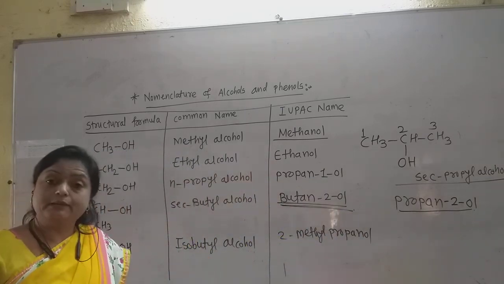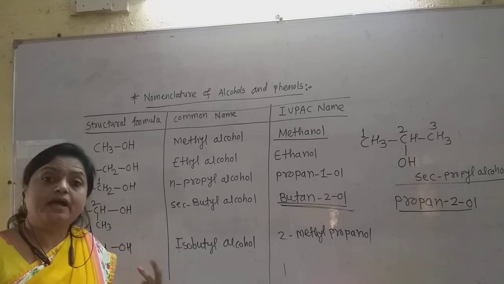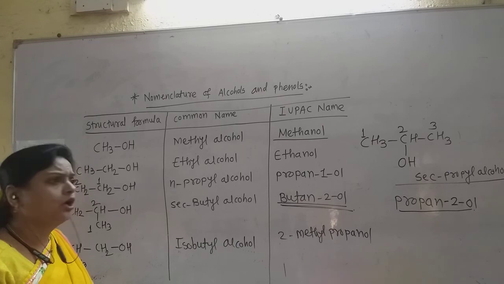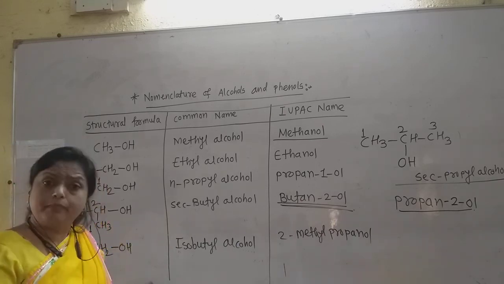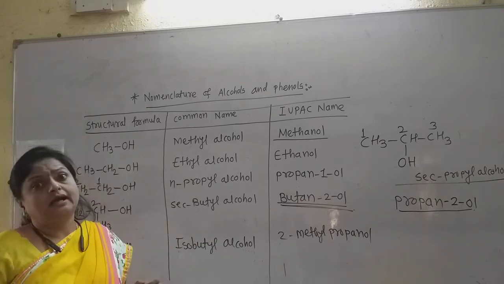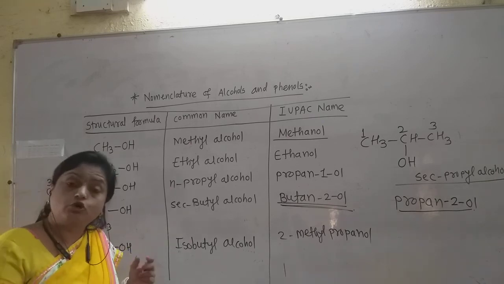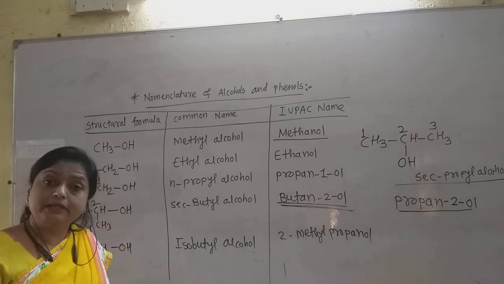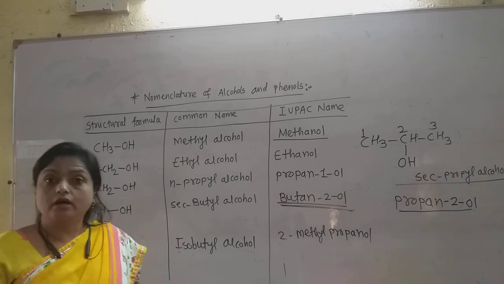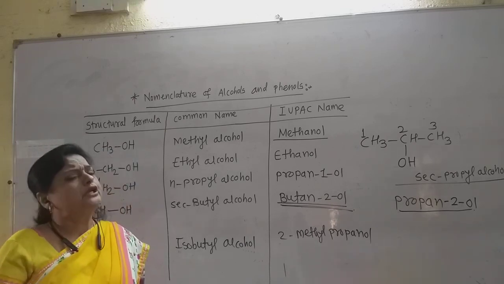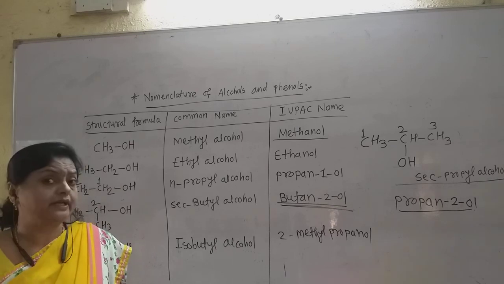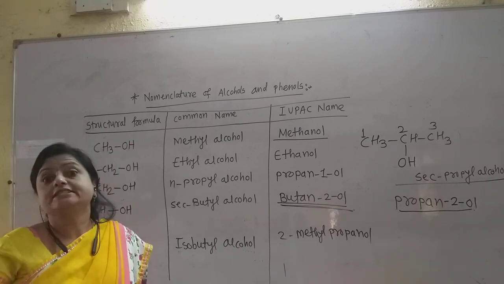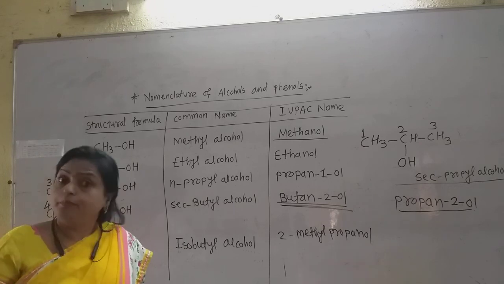Now IUPAC names are very important. They may be asked in the JEE entrance exam MCQs or in the board theory exam. But if you do not understand the IUPAC name of an organic compound, then you cannot write any chemical reaction or preparation reaction, because they give only the name in the examination. What is the action of an active metal on butan-2-ol?